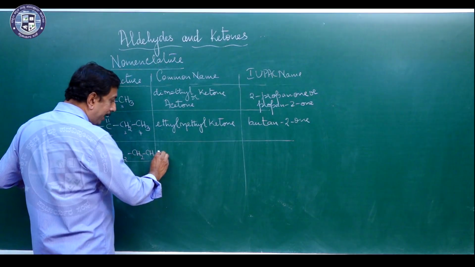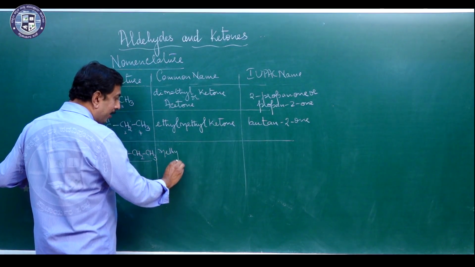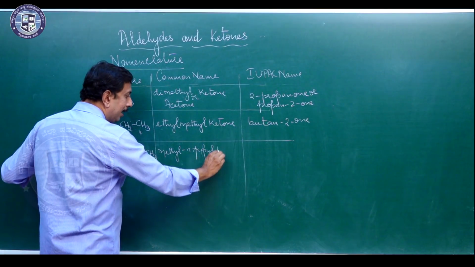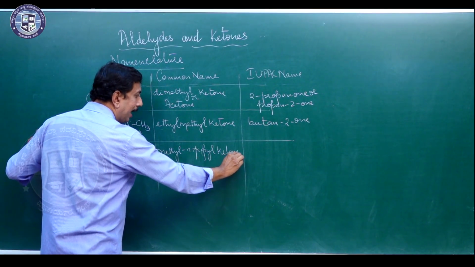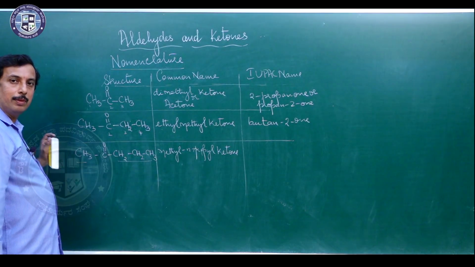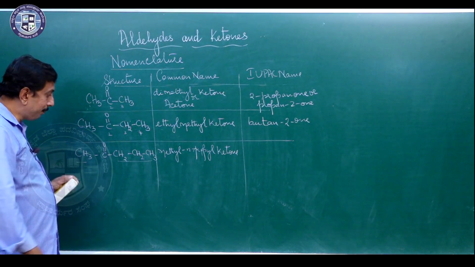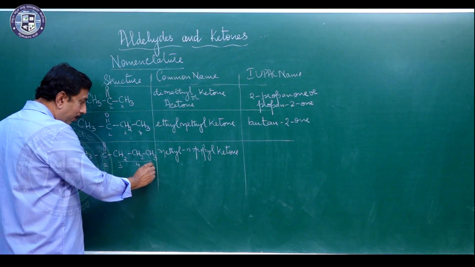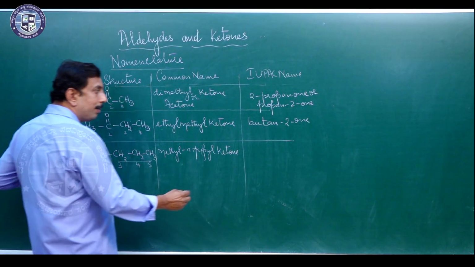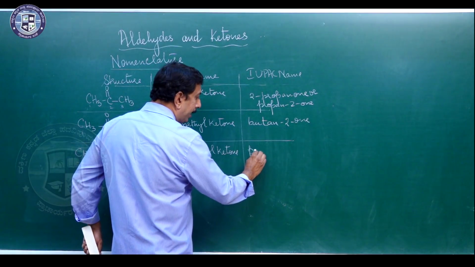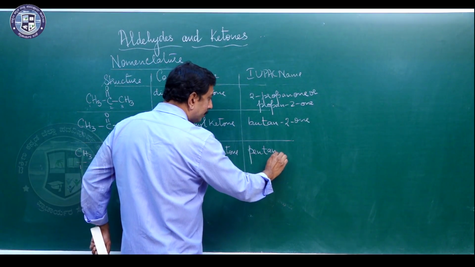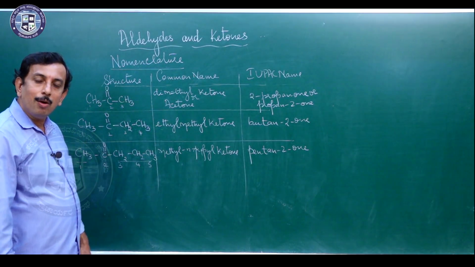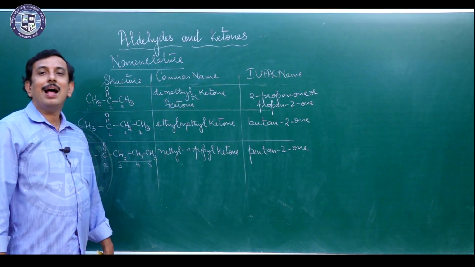Therefore, this compound in the common system is called methyl N-propyl ketone. And what is the IUPAC name? If I number it from this end 1, 2, 3, 4, 5, the second carbon is a keto carbon, therefore, it is pentan-2-one. That is how I can name this compound in the IUPAC system.